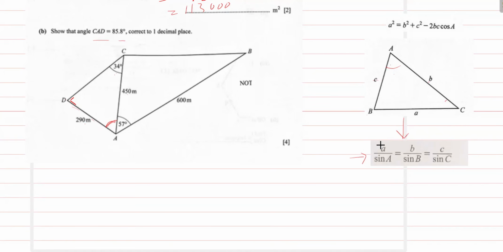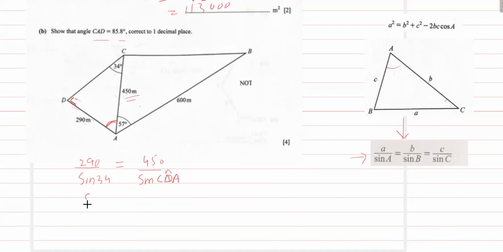Now we use this formula. According to this, 290 is opposite this angle, which is 34. We write sine 34. And next, this side is 450, opposite of which the angle is D. We write sine CDA.